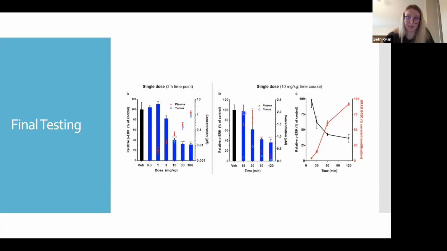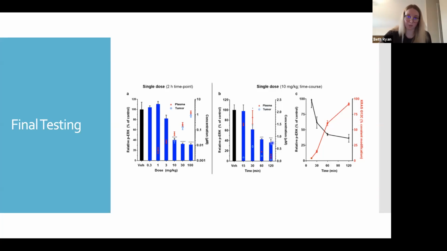After 15 minutes, you already see some in the plasma, and a tiny bit in the tumor, but nothing is really happening to ERK yet because it hasn't fully permeated into those tumor cells. And then more of it is leaving the plasma and entering the tumor at about 30 minutes. And then that ERK is being less and less phosphorylated over time.